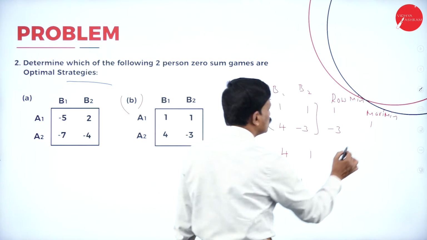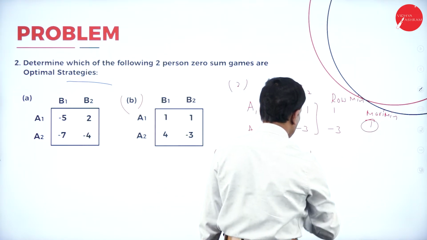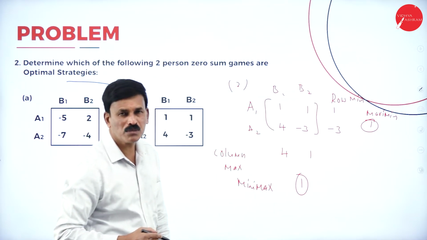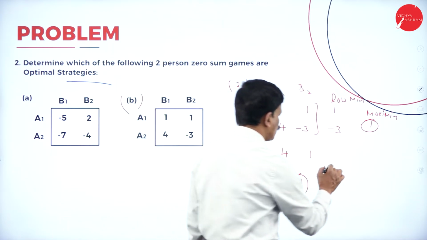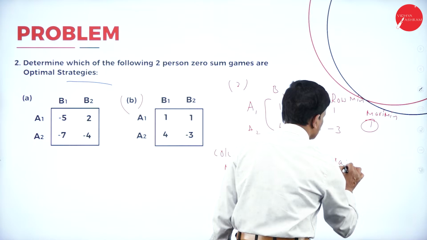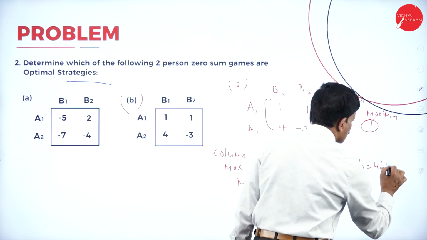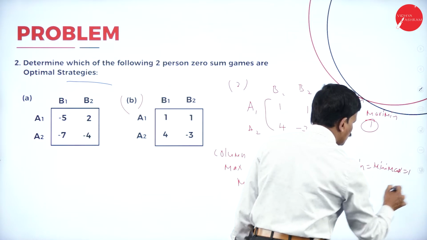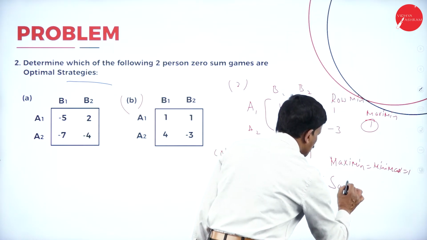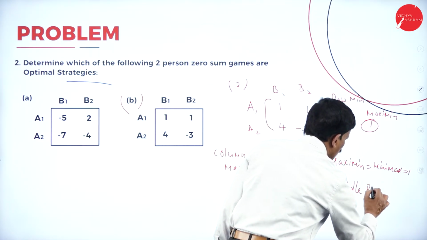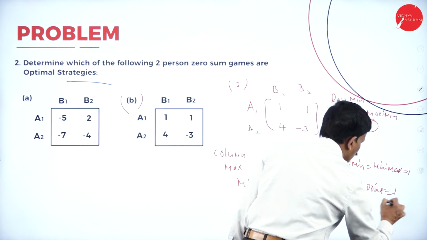So the maximin and minimax values are the same, and this problem has a saddle point. Maximin is equal to minimax is equal to 1. Therefore the saddle point of this game is 1.